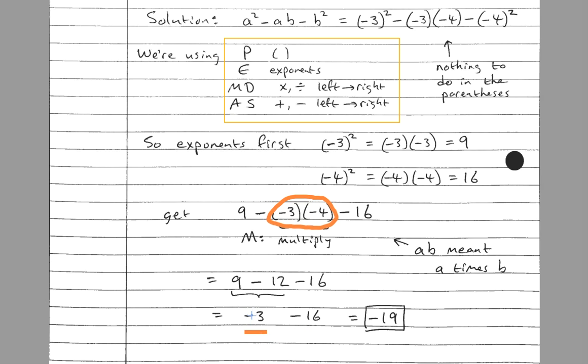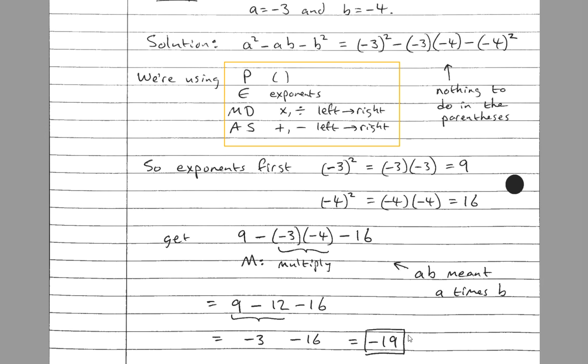If you like, it's negative 3 plus negative 16. Add the absolute values, keep the sign, so that's negative 19. Did you get that answer? If you made a mistake, check to see you understand.